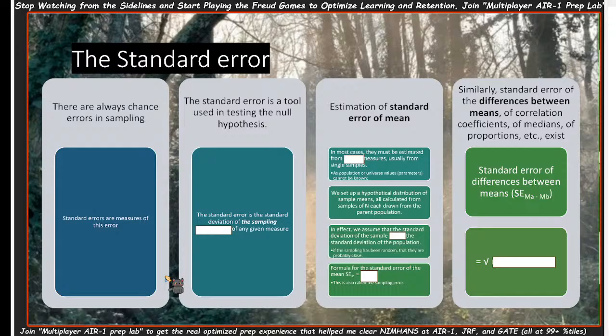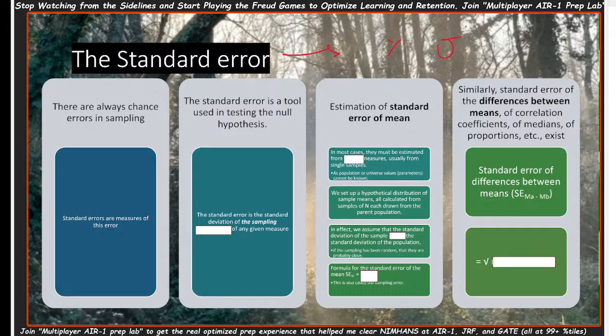So standard error is also something that we use because we do not know the population's true variance or true standard deviation. Okay.